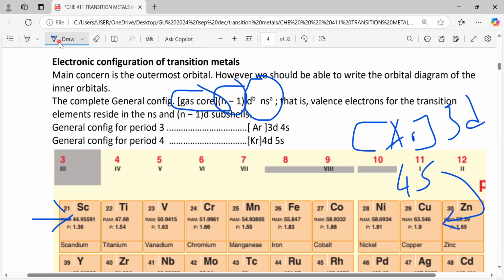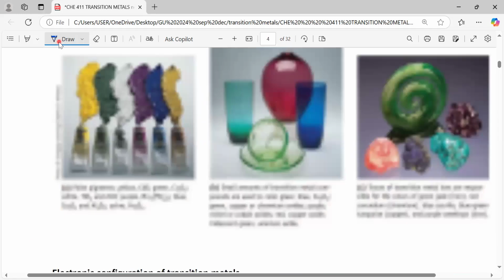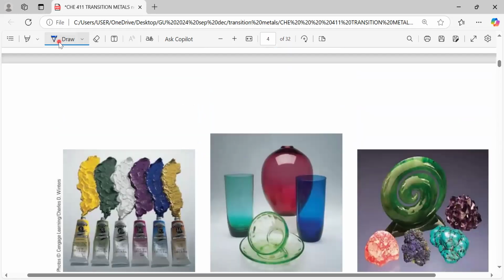This should be period 4, sorry, not period 3. And period 5, therefore, will be krypton. And of course, if we go back to the periodic table, we'll see where argon and krypton occur.